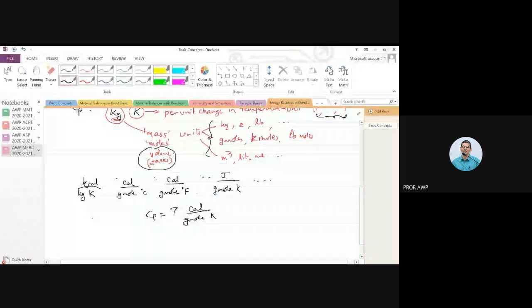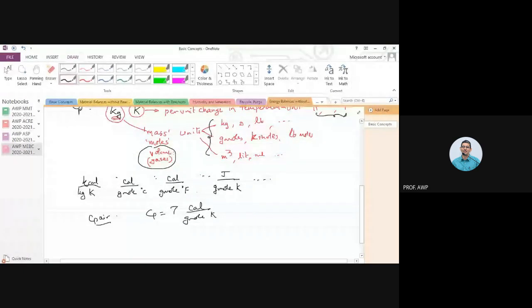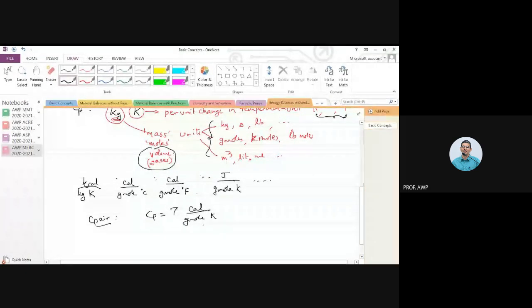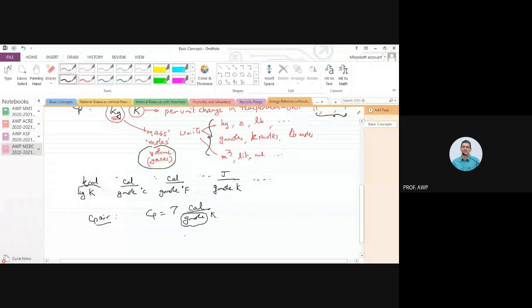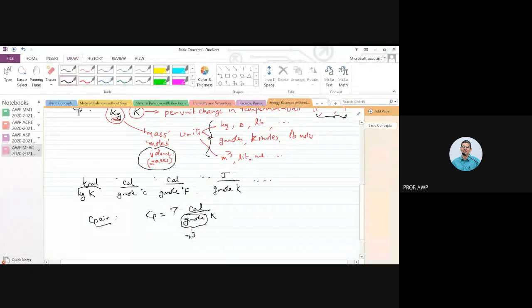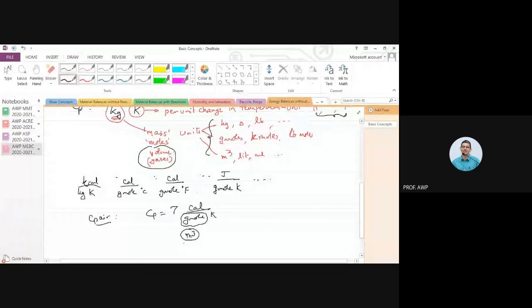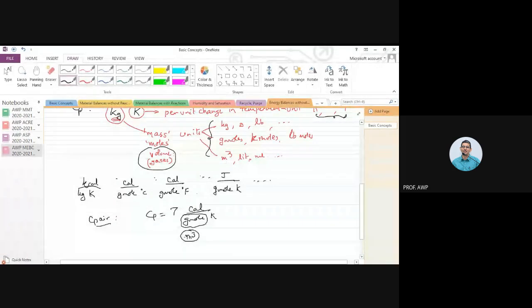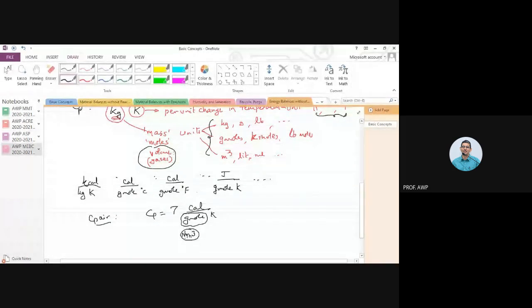Rather than gram moles, I could write per unit volume of that gas. But the problem with volume is that it changes with temperature and pressure, so we have to be sure what volume we mean. We could write per unit volume measured at STP.